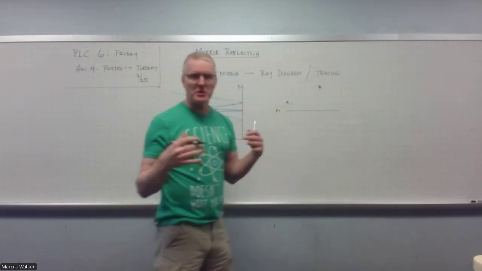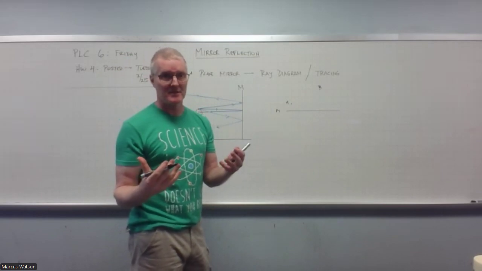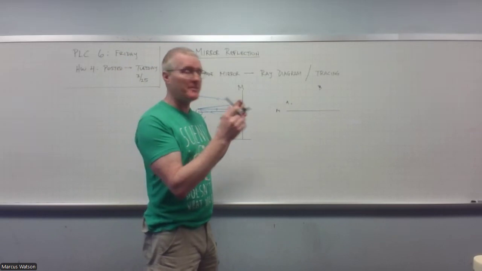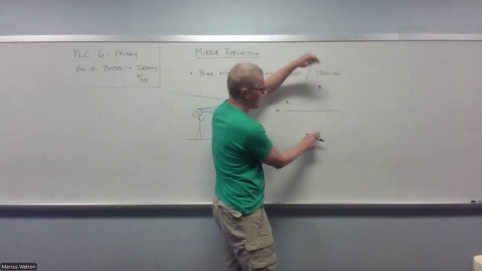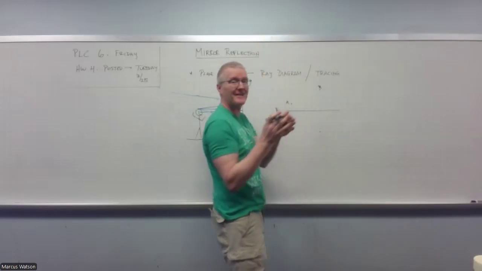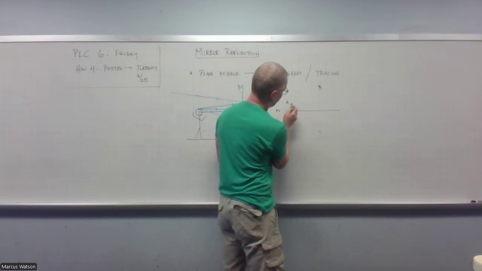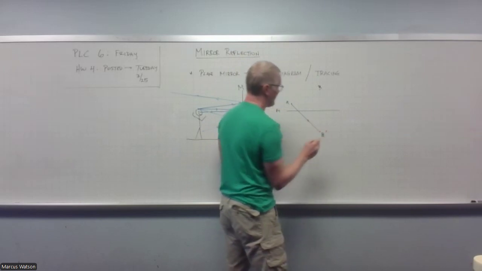If I want to geometrically construct the path of shortest distance from A to the mirror to B, all I have to do is take this point, 1, 2, 1, 2, construct an image point down here underneath the mirror, or inside the mirror, and draw straight to that one. Like that. And I called that B prime.